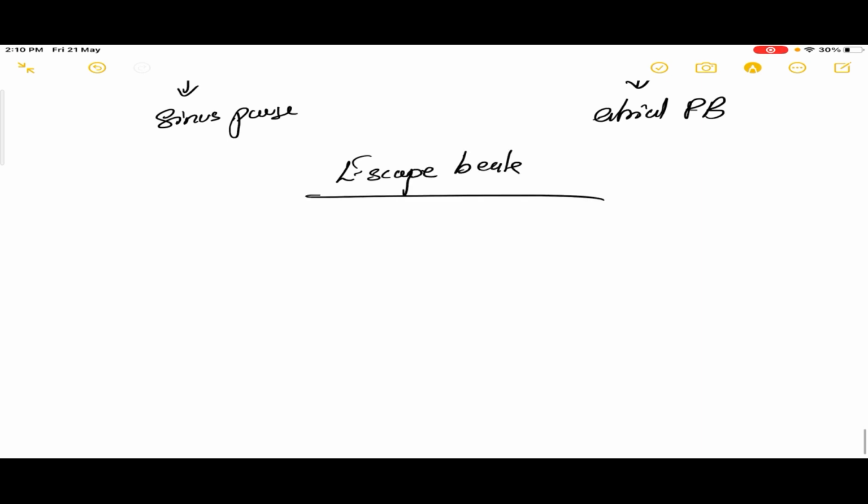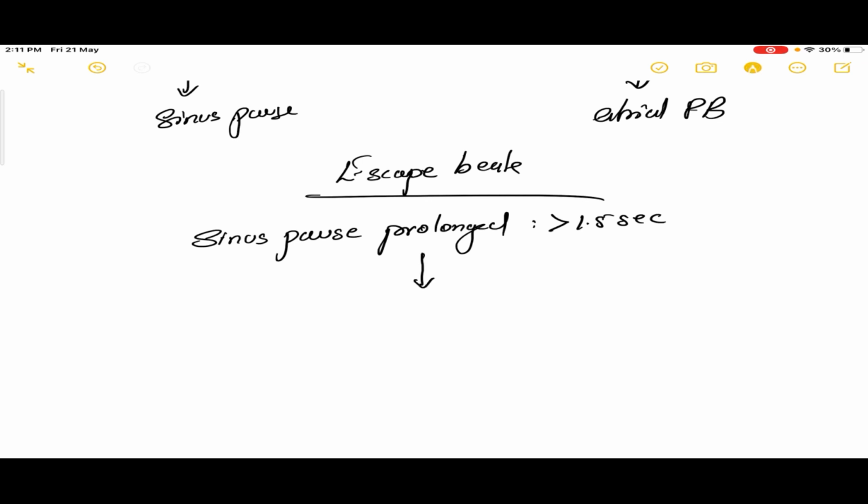So what is escape beat? Normally after a sinus pause there is starting of the SA node. When the sinus pause is prolonged, usually more than 1.5 seconds, it is called sinus arrest.